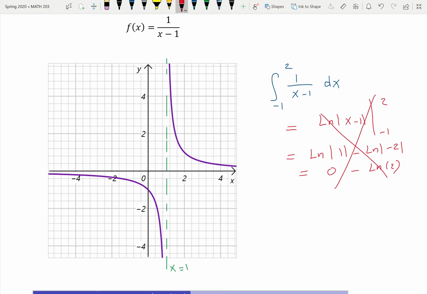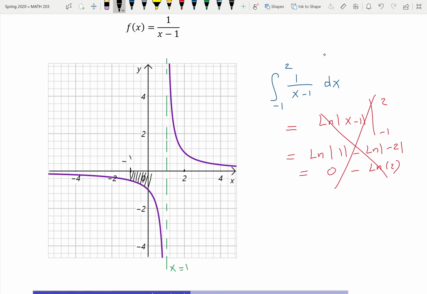Okay, the reason this is wrong: first, you do have an infinite discontinuity on the interval from negative 1 to 2. Let's say this is minus 1, this is 2. What I'm trying to find really for this definite integral is the following area.